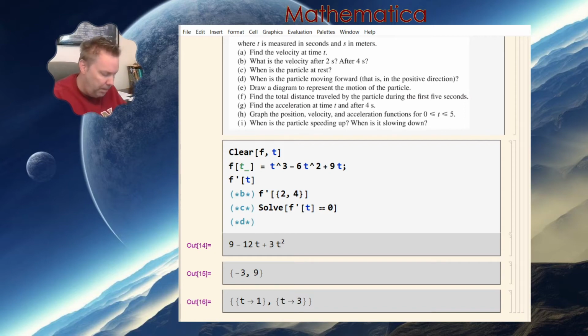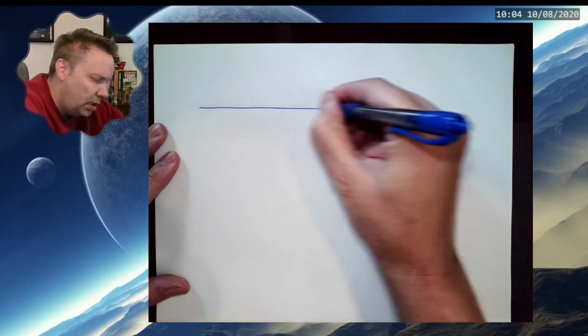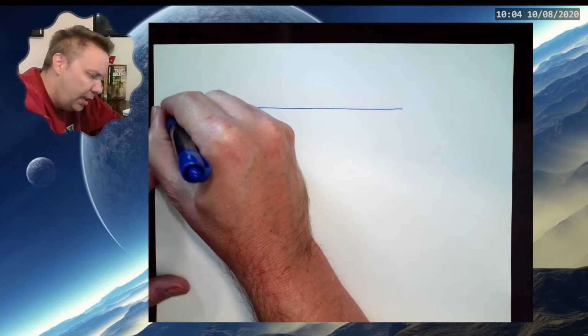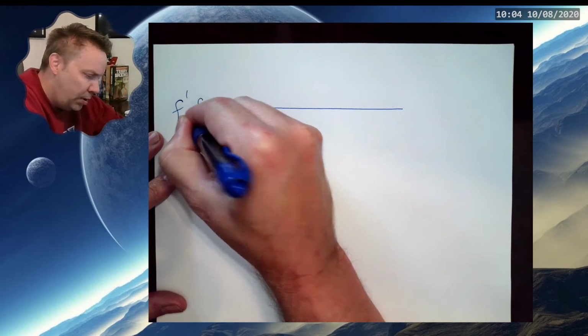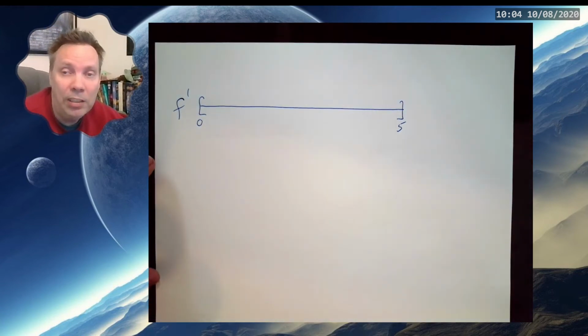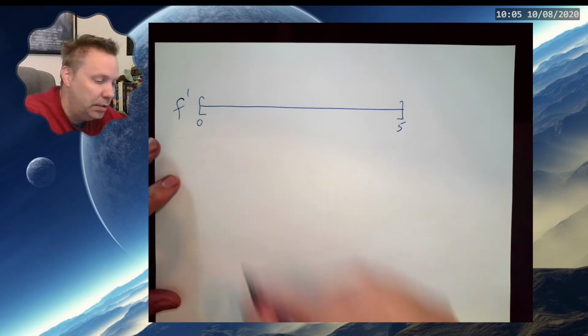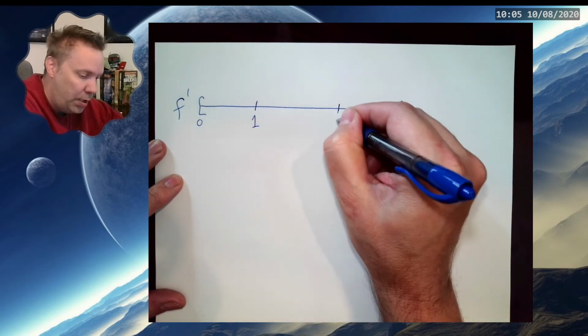What I want to do, and I'm going to draw the picture first for you, is draw a first derivative line. This problem starts at 0, ends at 5. If you read a little bit further, part H, it actually tells you it goes from 0 to 5. One of my critical numbers is 1, the other one is 3.